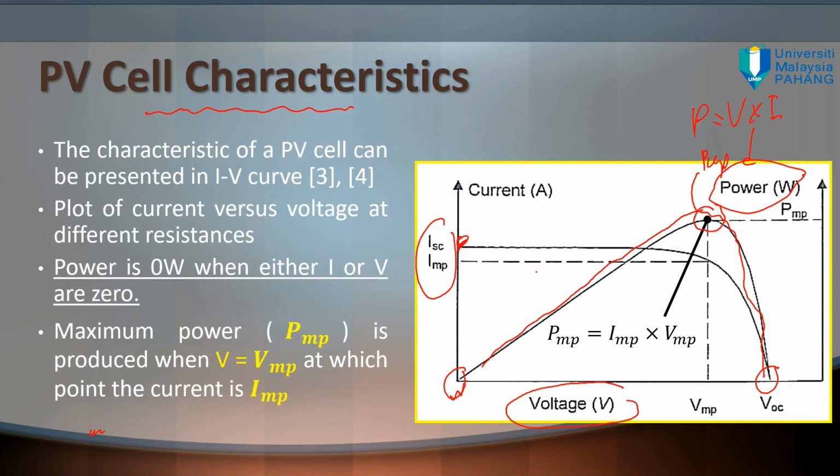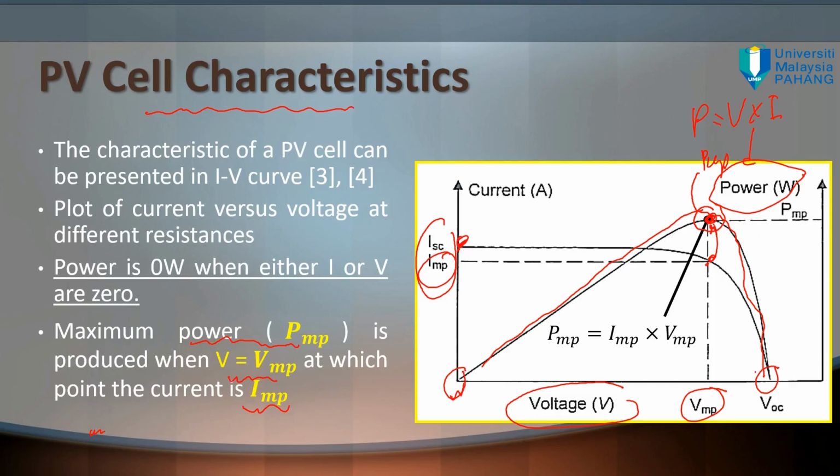So the maximum power PMP is produced when the V equals VMP, at the point where the current is IMP. This is the maximum value for the power.